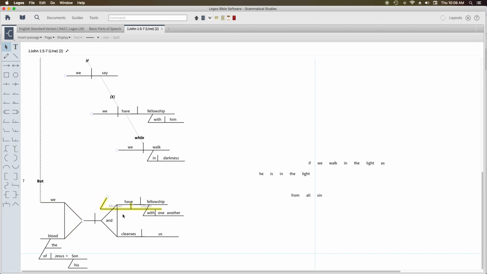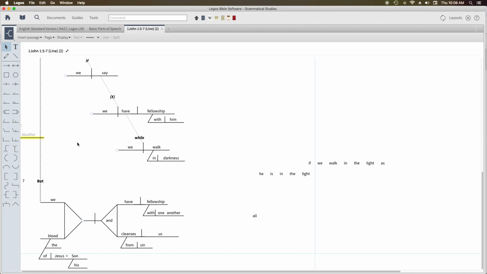And again, we have a prepositional phrase, from, and then the object of the preposition is sin. And then all is modifying sin, because how much sin? All sin.